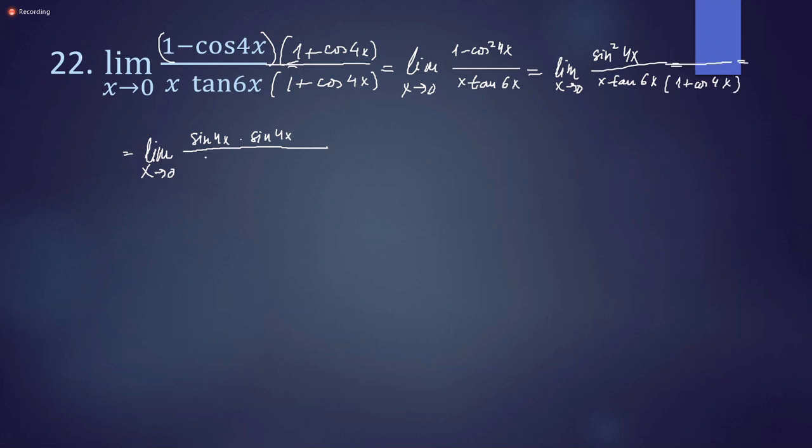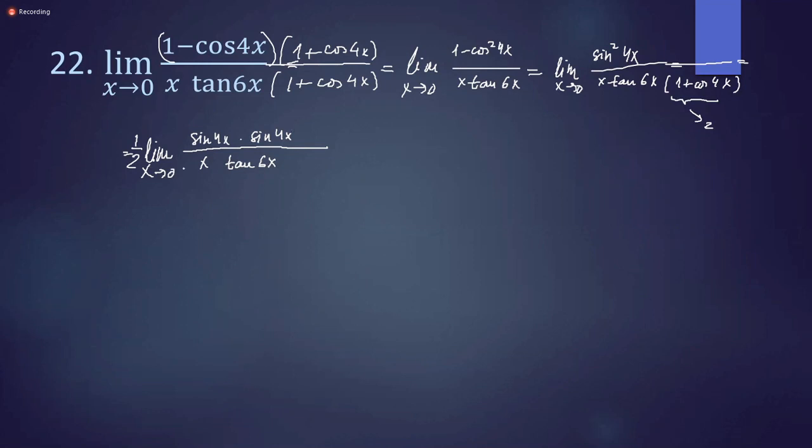Here we have x, we have tangent of 6x, and because this approaches 2, I can take 1 divided by 2 in front, because this 1 plus cosine 4x is in the denominator of the fraction.